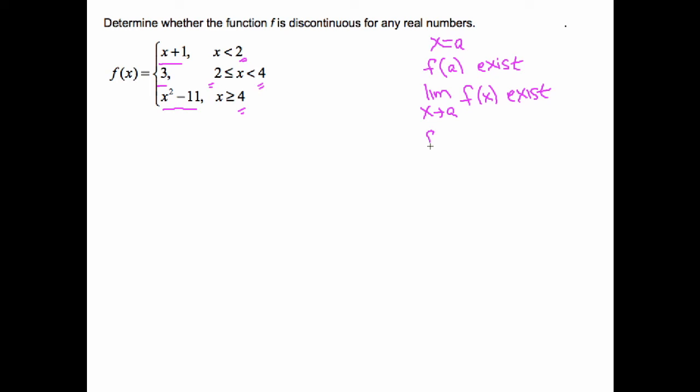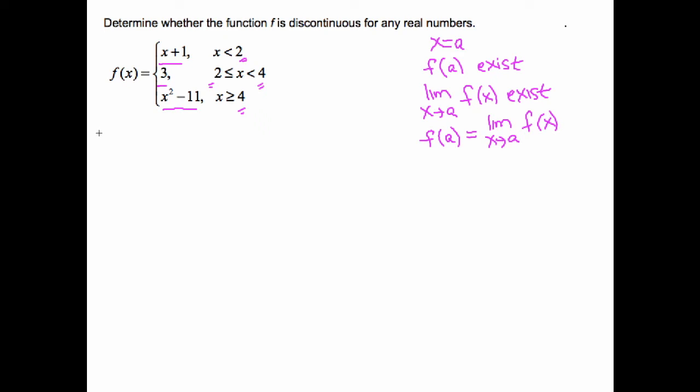And lastly, is f of a equal to this two-sided limit as x approaches a of f of x? And if all three of the criteria hold, at x equals a, we have continuity. If not, we can say the function is discontinuous there.